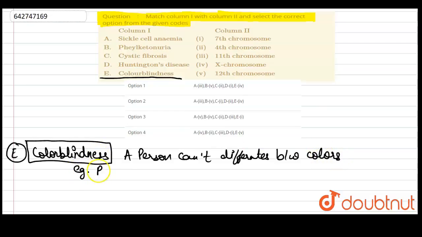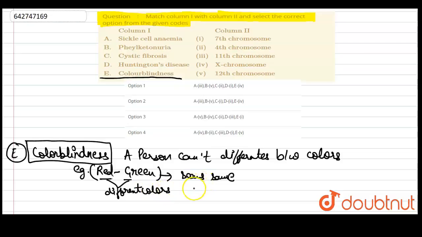Example, if we consider two colors, red and green, a color blind person sees both as the same. He predicts that both red and green are the same, but in reality they are different colors.